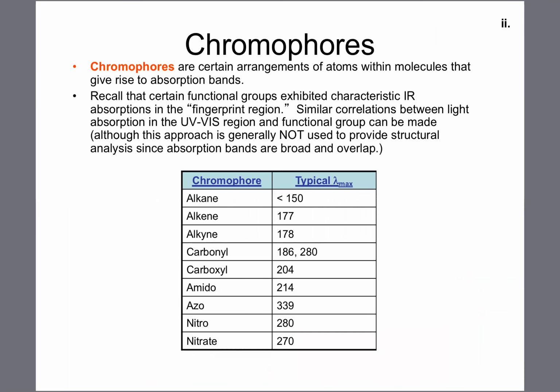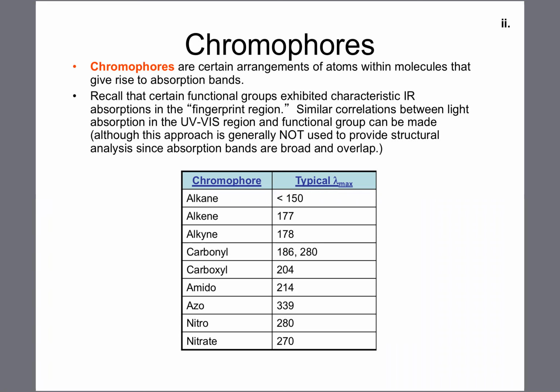All right, now because of these specific molecular orbital cases that we talked about on the previous slide, chemists can draw generalizations about absorption features in different molecules.